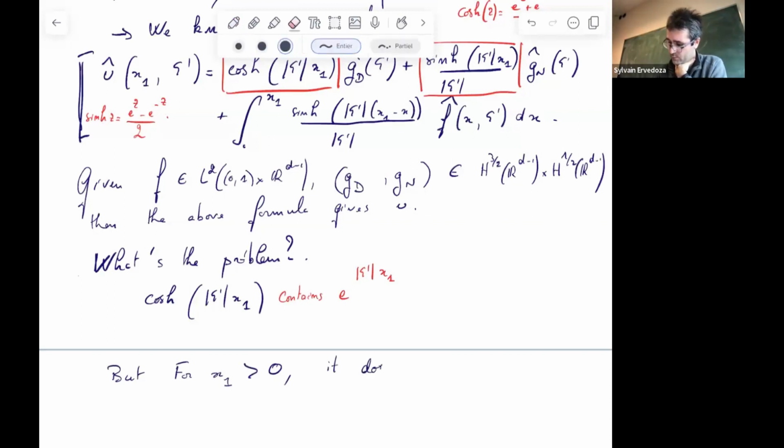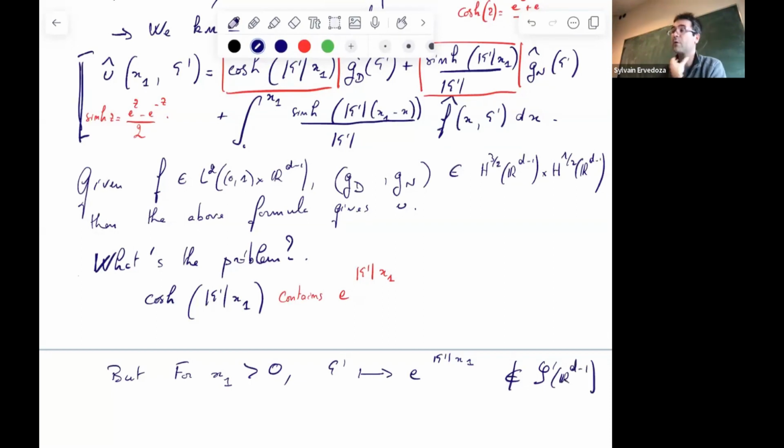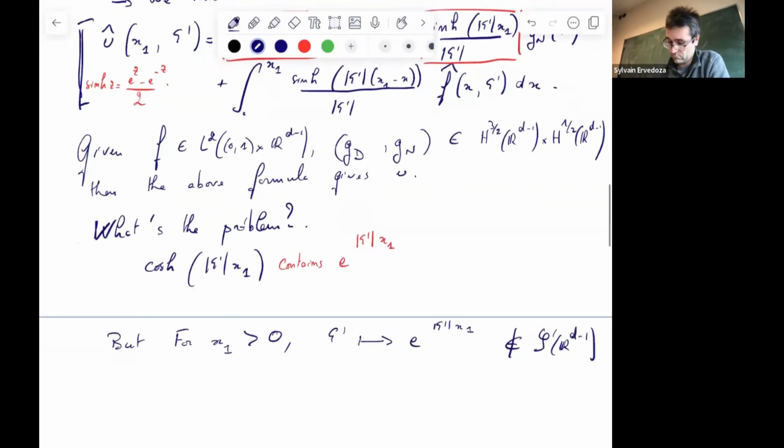So the function exponential psi prime x1 does not belong to S prime of R^(d-1). So I cannot take the inverse Fourier transform of this. So I do not know how to take the inverse Fourier transform of such a function.